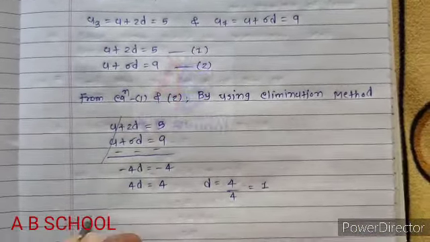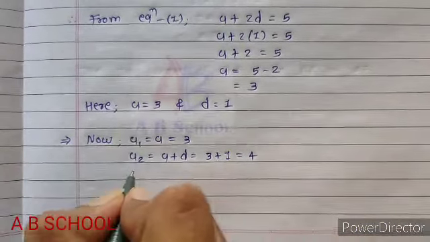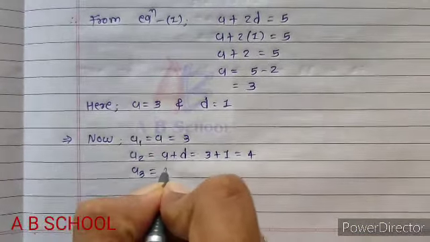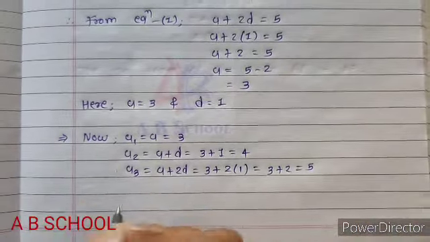For second term A2 is equal to A plus D. Value of A is equal to 3, common difference D is equal to 1. So value of A2 is equal to 4. A3 is equal to A plus 2D. Value of A is equal to 3 plus 2 times value of common difference D is equal to 1. So 3 plus 2 is equal to 5. Value of A3 equal to 5.